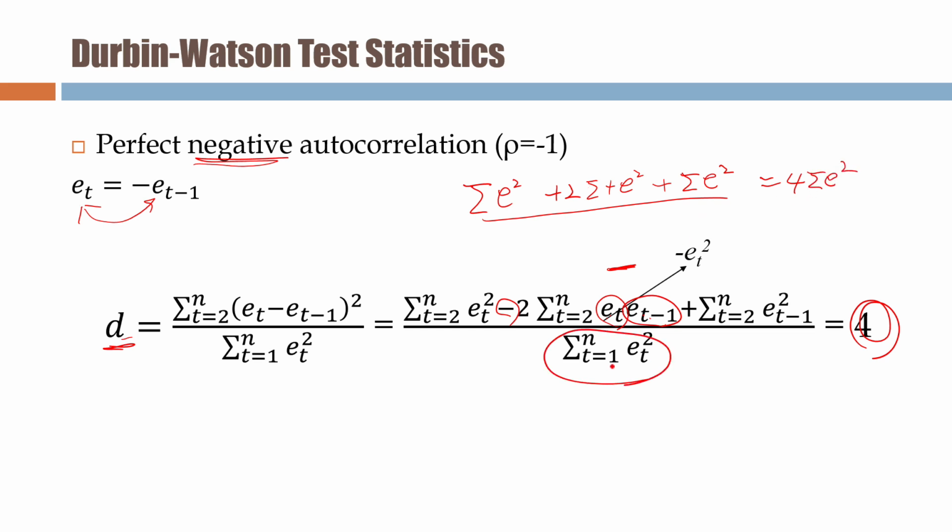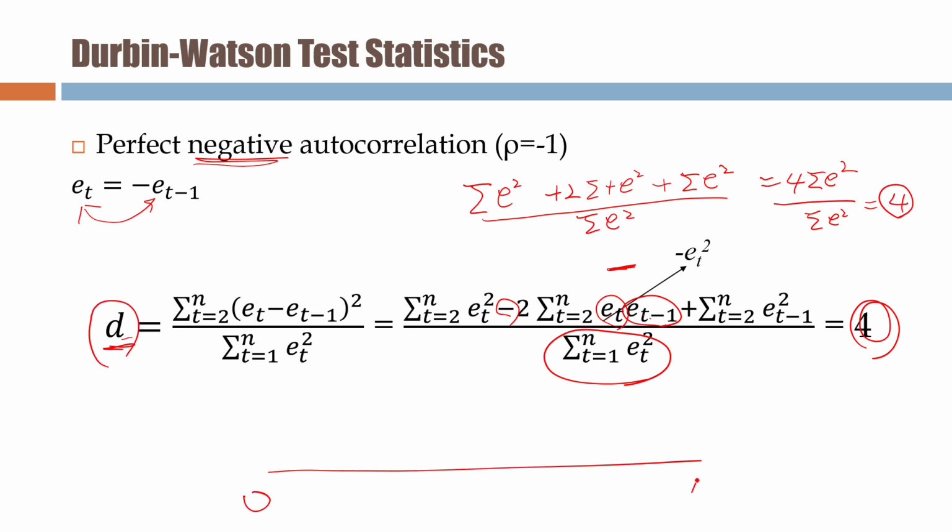And then we have the denominator, sigma e squared, so it will be 4. So you can see that d can range from 0 to 4, where 0 is a perfect positive correlation, 4 means a perfect negative correlation, and 2 means you have zero correlation.